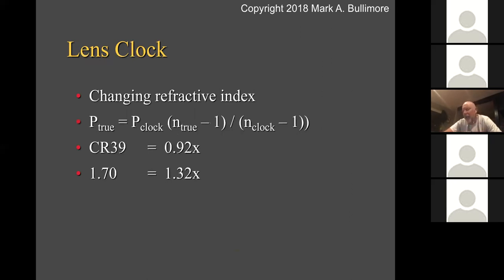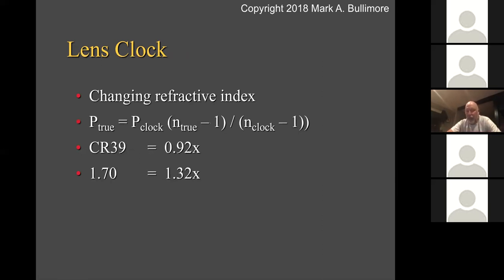Remember, you may get a question about a lens clock, okay, because it's fairly simple math. It's an example of what happens when you change the refractive index. Remember, a lens clock is likely calibrated for about 1.5. If you put it on a CR39 lens, the true power of that surface is likely to be lower because CR39 has a slightly lower refractive index than crown glass.